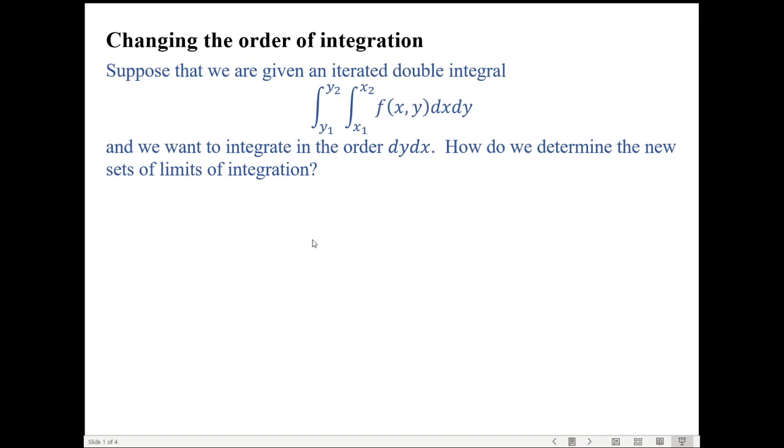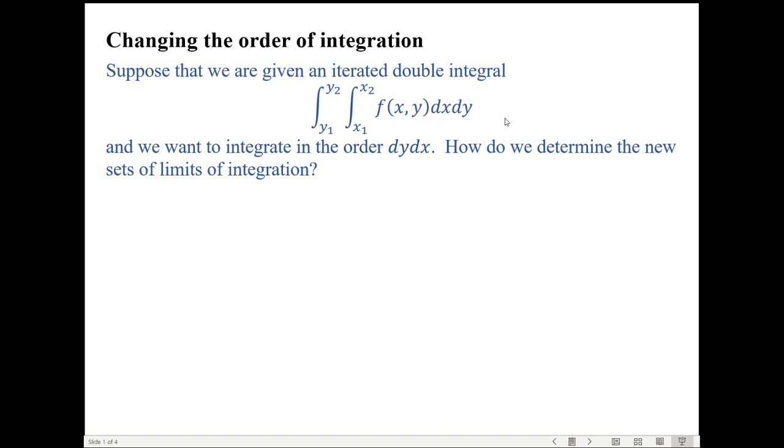We are going to discuss how to change the order of integration in a multiple integral or iterated integral. Suppose we are given an iterated double integral, say integral from y1 to y2, integral from x1 to x2 of a function of x and y dx dy.